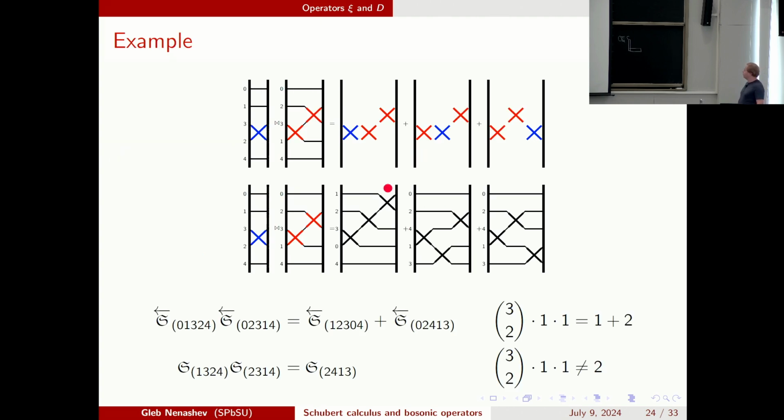For example, if we multiply these two Schubert polynomials, we have this Schubert polynomial. And if we multiply these two Schubert polynomials, we have these two. As on the picture, this is a wiring diagram for the left-hand side, and these are wiring diagrams for the right-hand side in this sum. So this is a wiring diagram for this permutation, and these two wiring diagrams for these two permutations.